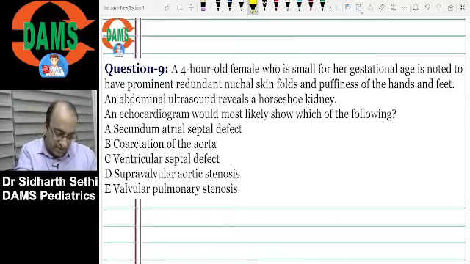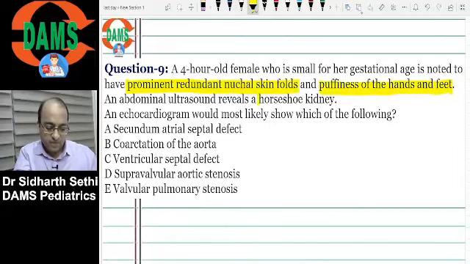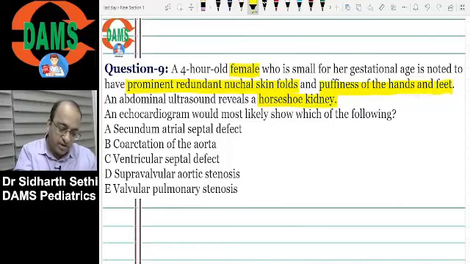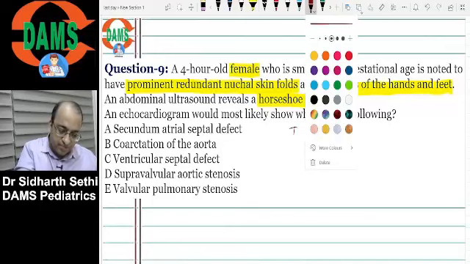So basically she has web neck and lymphedema of hands and feet. And this girl, this is a female child, mind you, has horseshoe kidney. You will think about Turner syndrome.